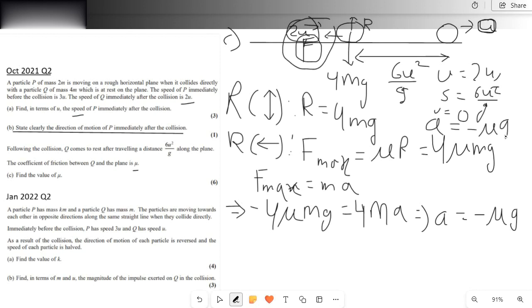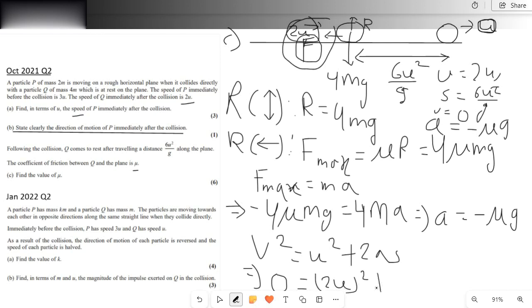Therefore we know that acceleration is minus mu g. So we can use the equation v squared equals u squared plus 2as, and substituting the values, final velocity is 0 squared, which is 0, initial velocity is 2u whole squared, plus 2 into acceleration, which is minus mu g, times s, which is 6u squared by g as mentioned here.